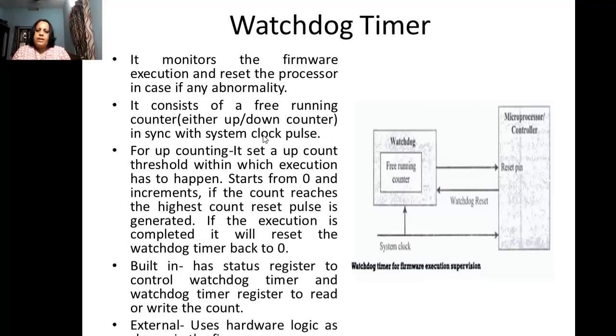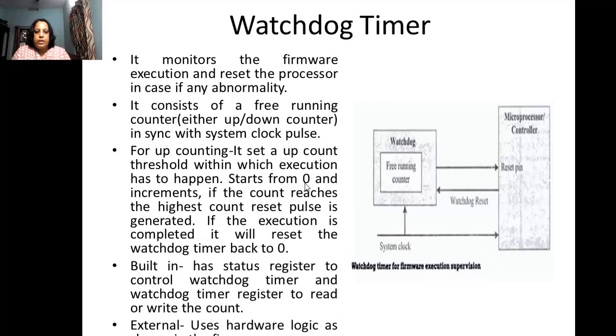Now let us take an example of an up-counting free running counter. Let us say the watchdog timer has an up counter. Initially the counter is set at 0, and there will be a maximum value or count that is held in a watchdog timer register.